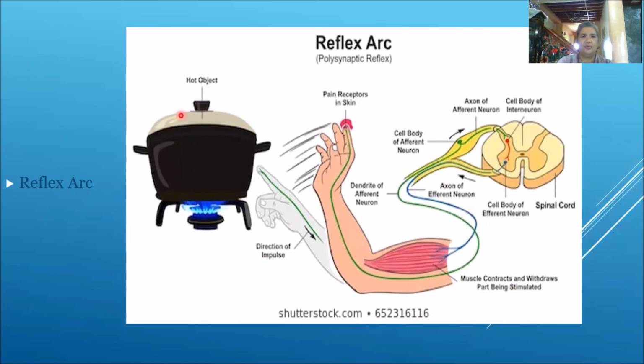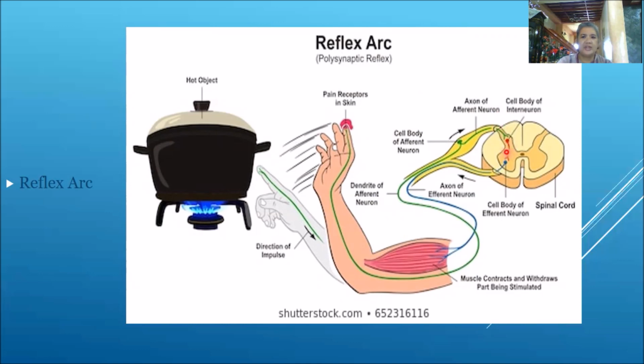So the stimulus that is heat will be received by the receptor in the skin and it will follow through an afferent neuron, or your sensory neuron, and it will go to the cell body of the afferent neuron and it will empty into the dorsal column of the spinal cord.